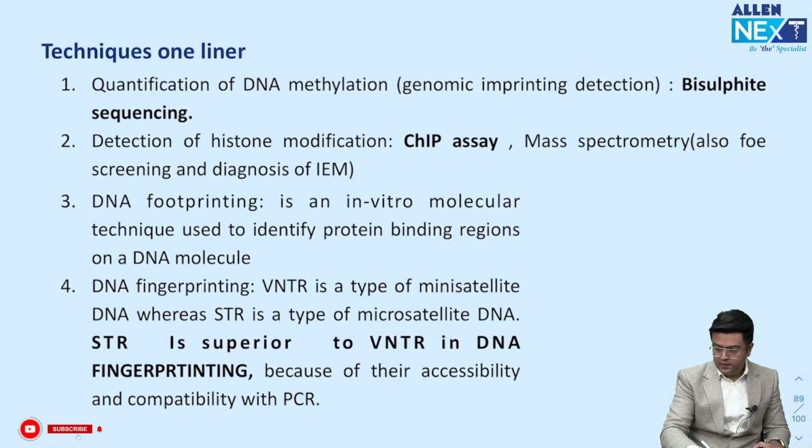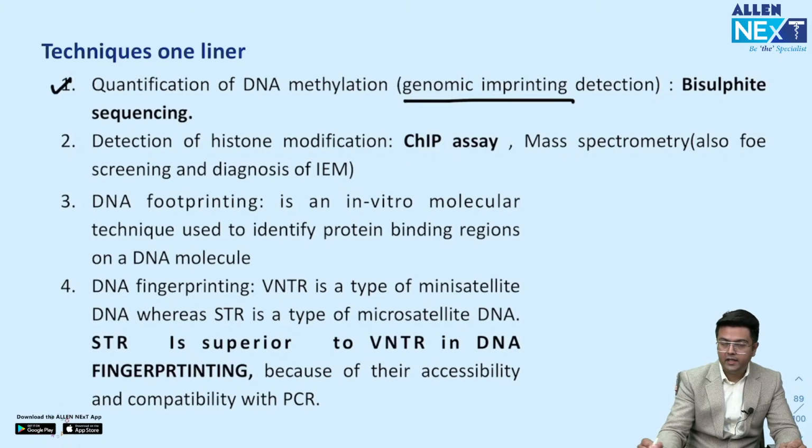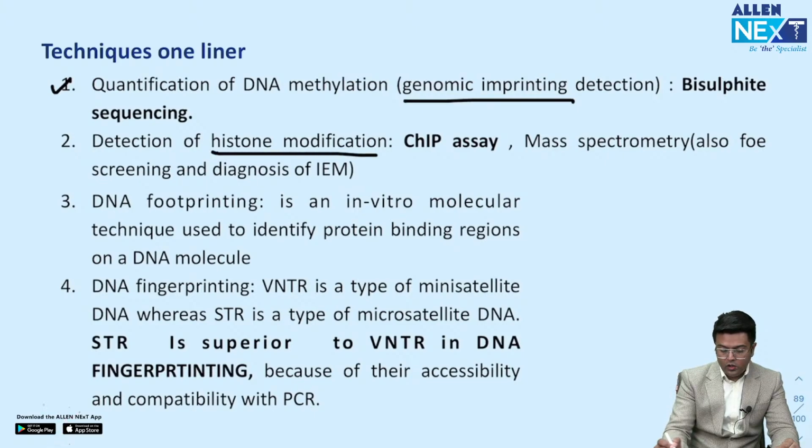So the first point is the quantification of DNA methylation, or the genomic imprinting analysis. Guys, we need something called bisulfite sequencing. Just name DNA methylation or, an old question, detection of histone modification.